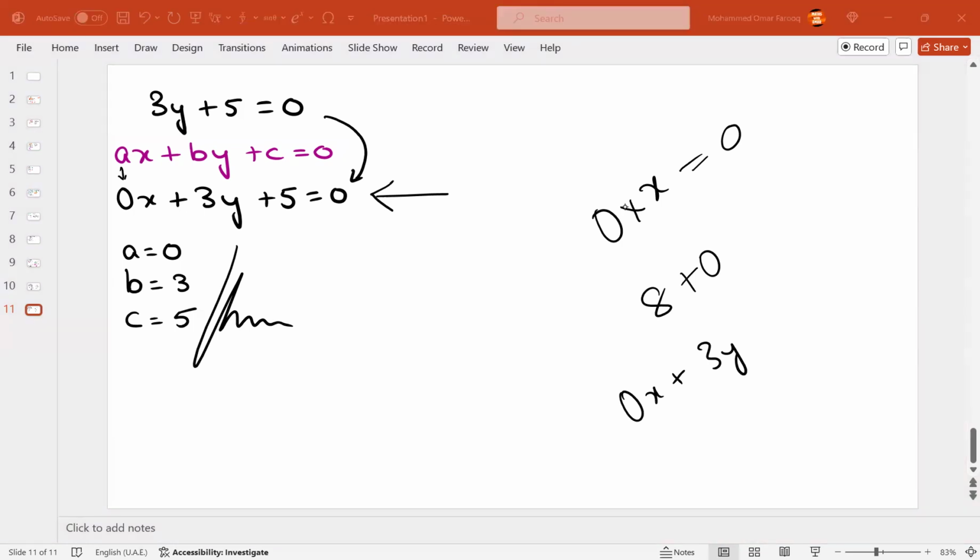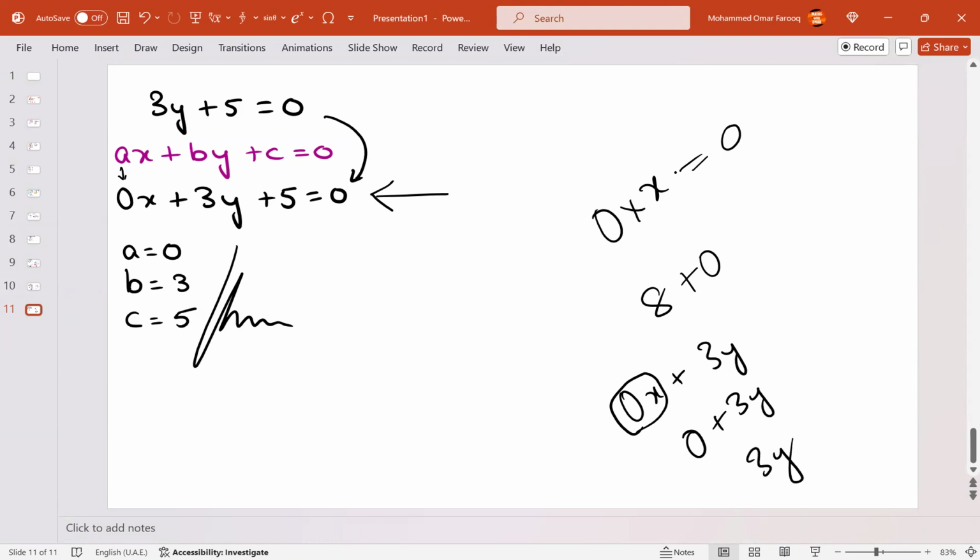What is 0 into x? It is 0 only. You cannot change it. 0 plus 3y. If you add 0 to any number, you will get the same number. Got it? Everybody understand?